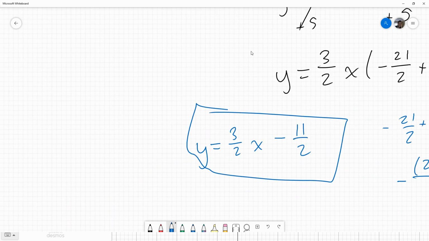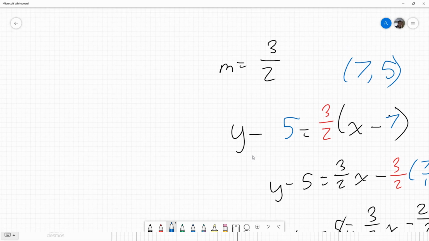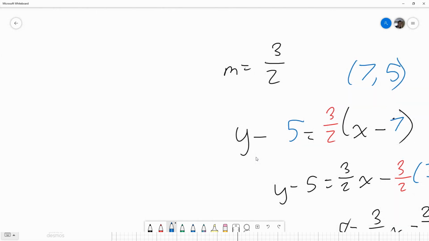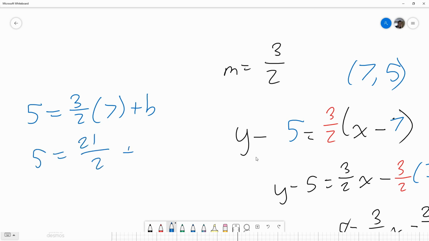If you thought that the other form was easier, let's use that. So I have y equals mx plus b. So I have 5 equals 21/2 plus b. Subtract 21/2 on both sides.